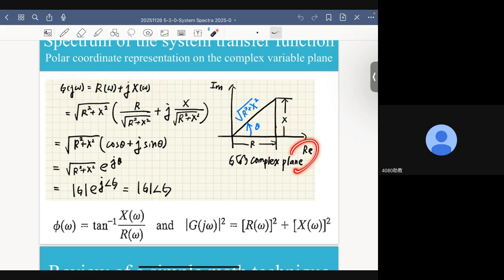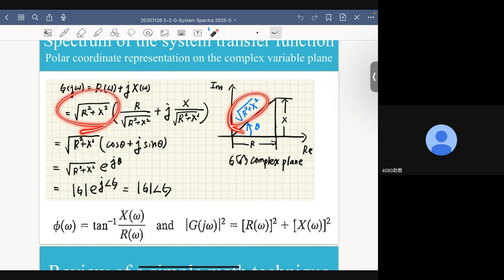Remember, the horizontal axis represents the real part. The vertical axis represents the imaginary part. So this is R, this is X. So the distance, I'm sorry, the size, the length of this line is apparently this.